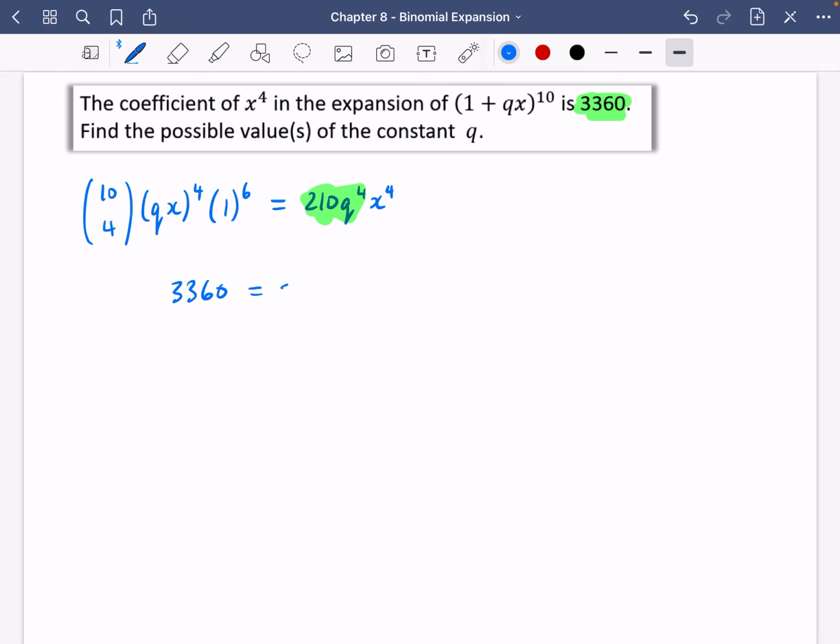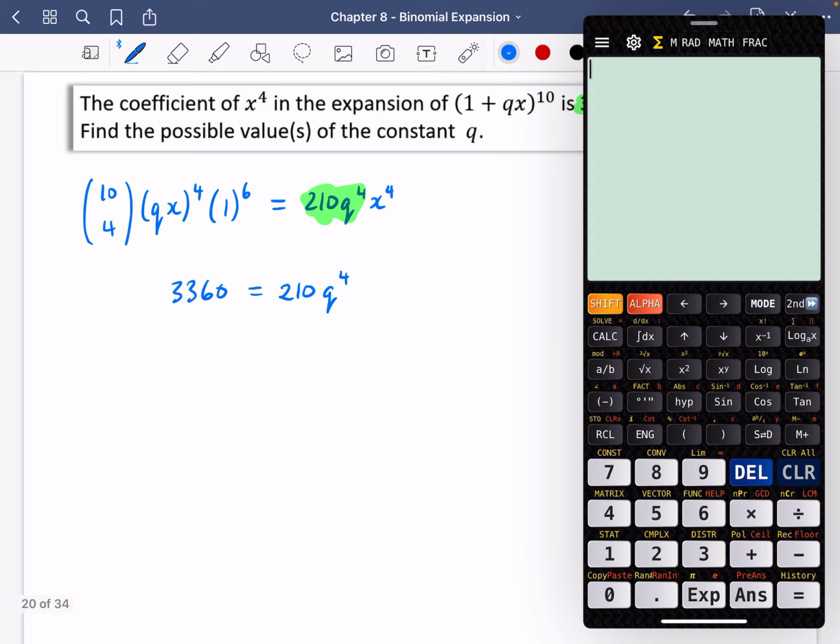So 3,360 is equal to 210 q to the power of 4. So we'll do 3,360 divided by 210. So 16 equals q to the power of 4. So I'm going to do my answer to the power of a quarter, and I know that therefore q is equal to 2.